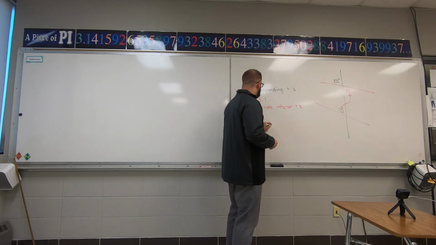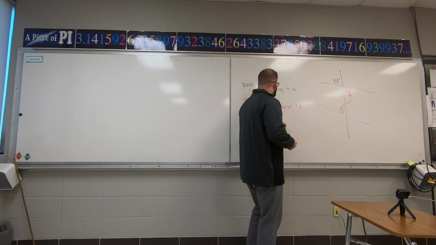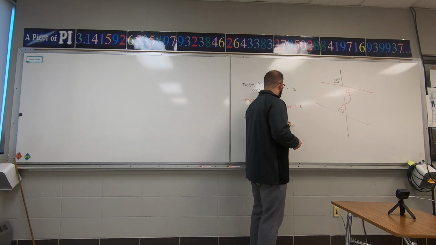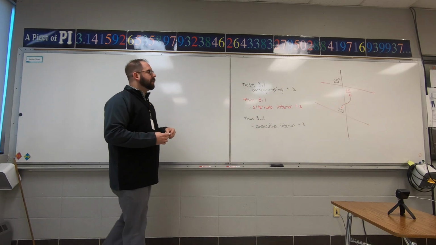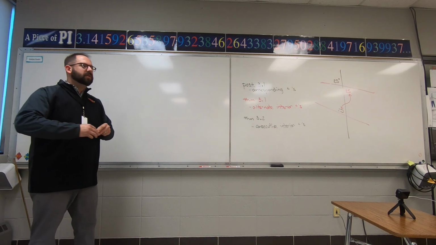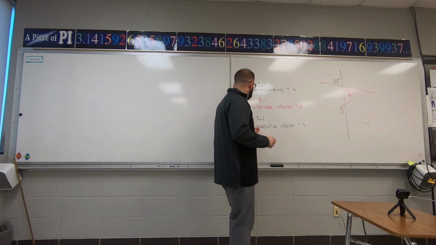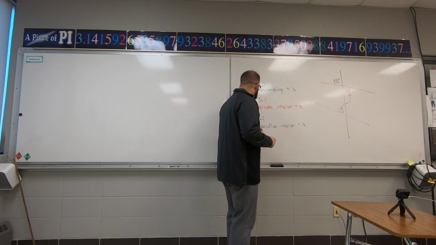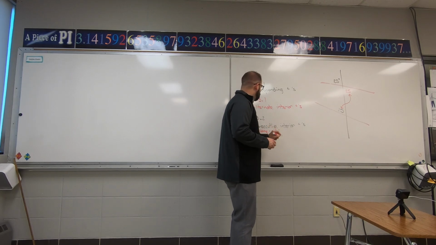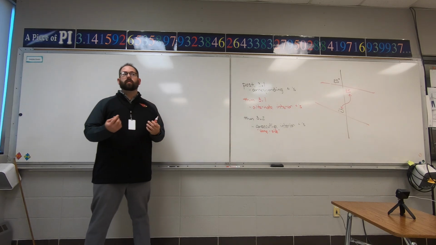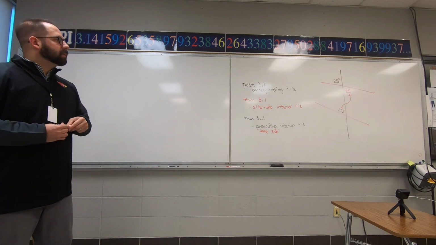I hated that term that they used. I had a better word for that. I didn't like the fact that I used consecutive. We haven't had that vocab word. The word that I wanted you to write in on that one was same side interior. Same side interior. That's the term that I wanted you to have.